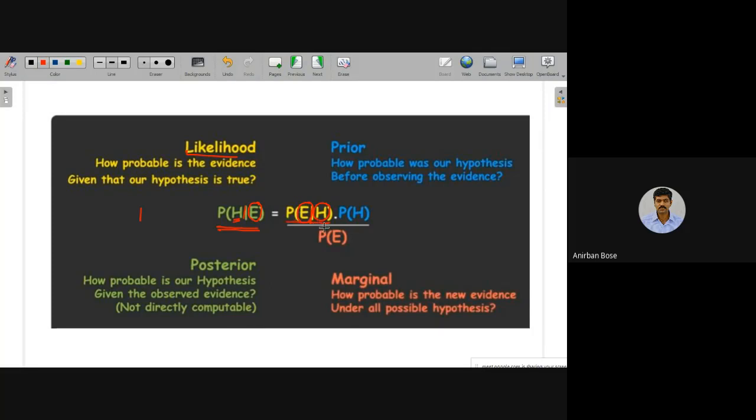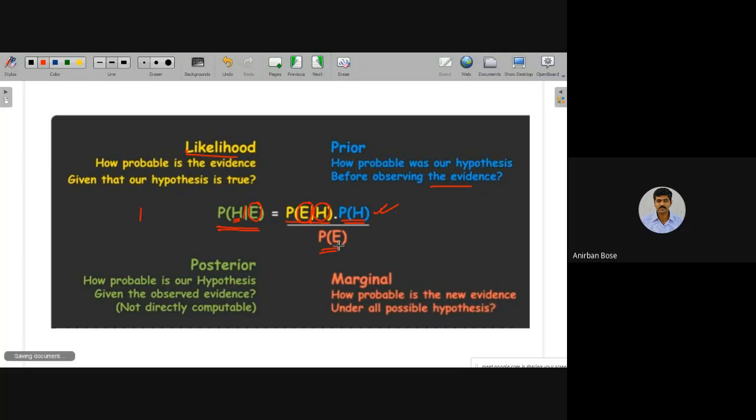And P(H) is how probable our hypothesis was before observing the evidence. Whatever the evidence, true, false, in all possible cases, what is the probability of the hypothesis? That is P(H). And P(E) is, without any condition, the probability of that particular evidence.